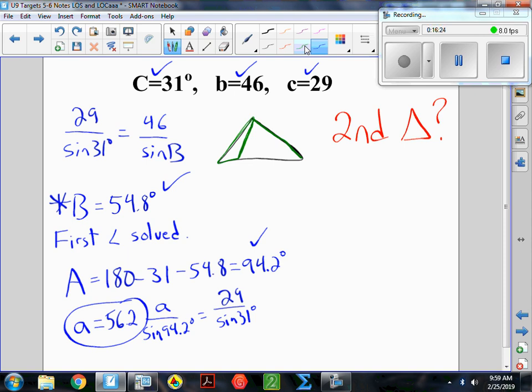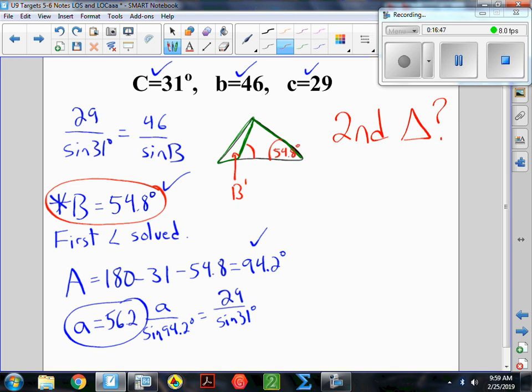So to find the second triangle, the first thing I do is go back and look at the very first thing I found. The very first thing I found was angle B, which was 54.8 degrees. And so that would have corresponded to this spot. If there is a second triangle, when I form it, it will make an isosceles triangle so that 54.8 will be in both spots. My second angle B, B prime, would be right there.